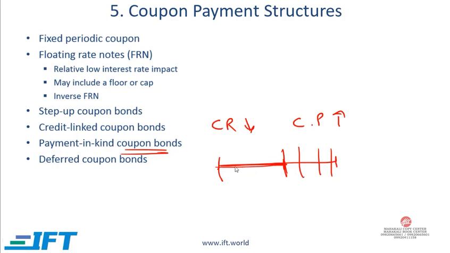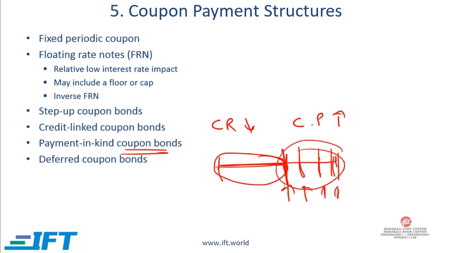Here, the benefit to the issuer is that while they are building their factory, for example, they might not have cash flows, but if the issuer anticipates that at this point the factory will be up and running and then there will be high cash flows, then the company can make payments later. From an investor perspective, this is clearly risky because all the payments are pushed out later in the cycle.